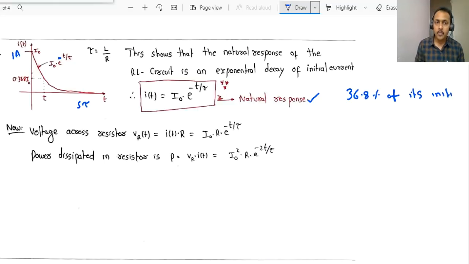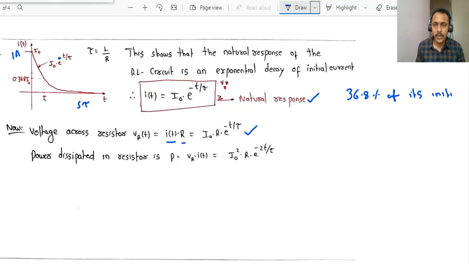Now, what will be the voltage across the resistor? The current flowing is I of t, the resistor value is R, so simply V equals IR. Therefore, the voltage across the resistor will be I naught R into e power minus t by tau.